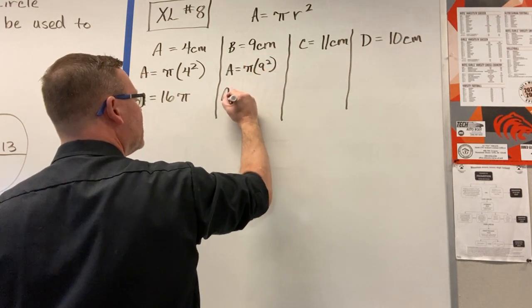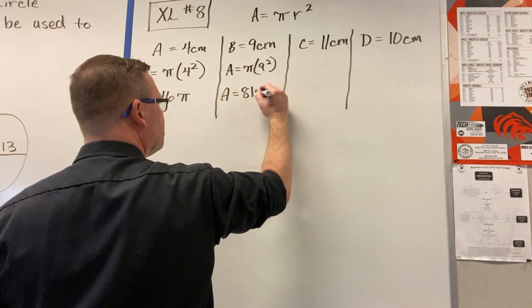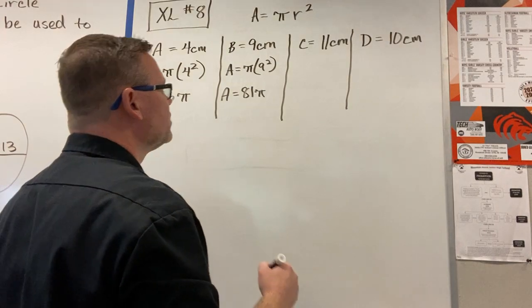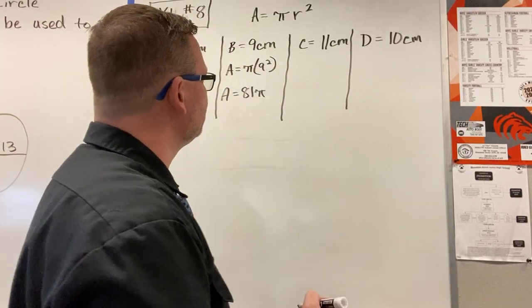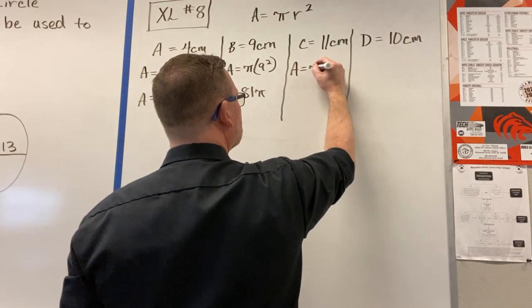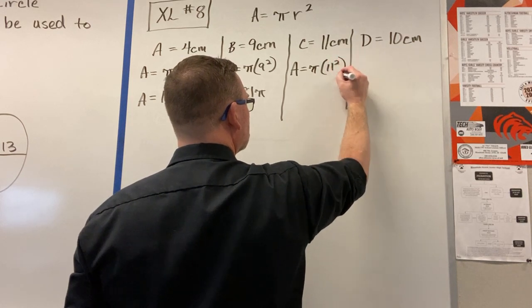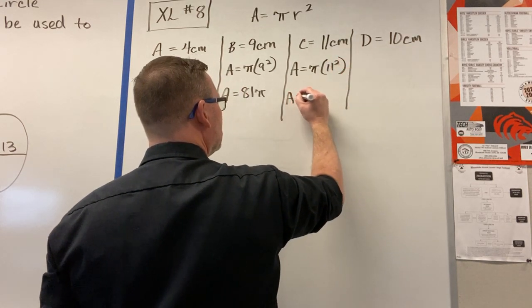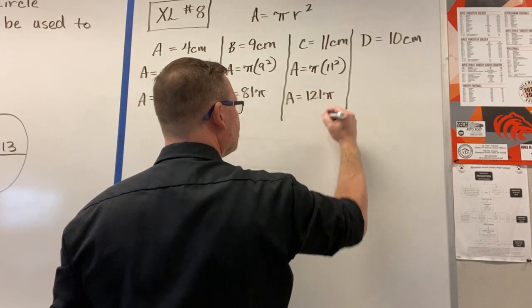That means this area equals 81 pi. They're going to ask you for each one, and you're going to have to put pi in instead of 3.14. Area equals pi multiplied by 11 squared. So area equals 121 pi.